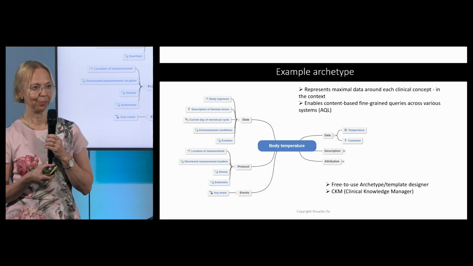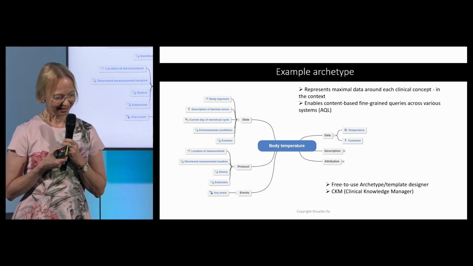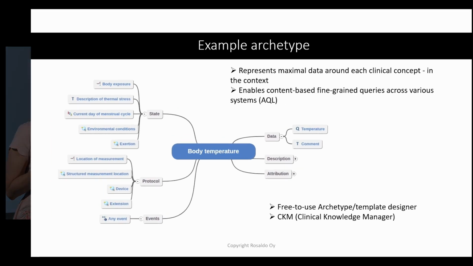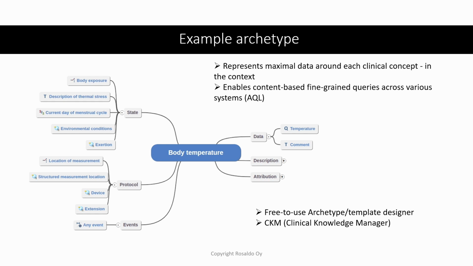This is an example archetype. This is a body temperature archetype. And you can see here you have the actual data. And then on the left-hand side, you have some context information. So for example, environmental conditions or device, the measurement location, etc. So this archetype structure puts the data into a context.